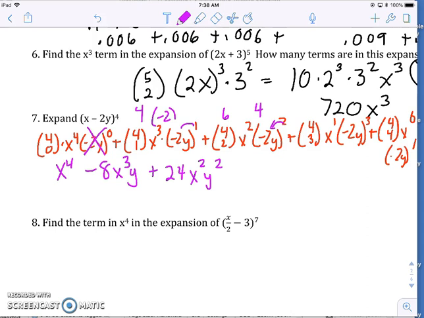No, that's 4, sorry. And negative 2 to the third is negative 8, so 4 times negative 8, negative 32x y to the third. 4c4 is 1, that's to the 0. So, whoops, that's to the fourth, so negative 2 to the fourth is 16, so plus 16y to the fourth.